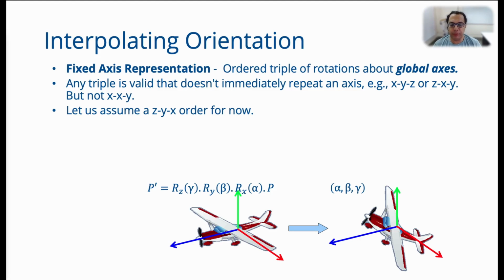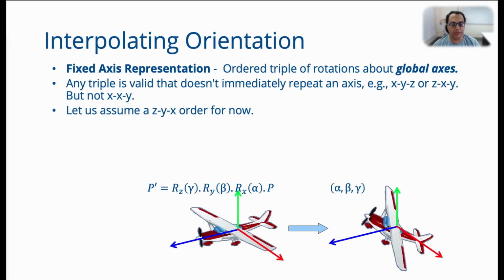In order to interpolate the orientation of objects, you first need a representation for the orientation. The representation that we are already used to is a triplet of angles around the various coordinate axes.